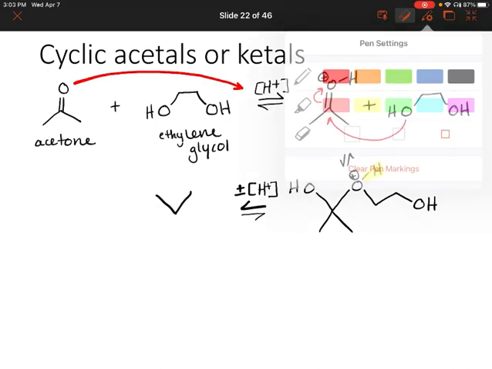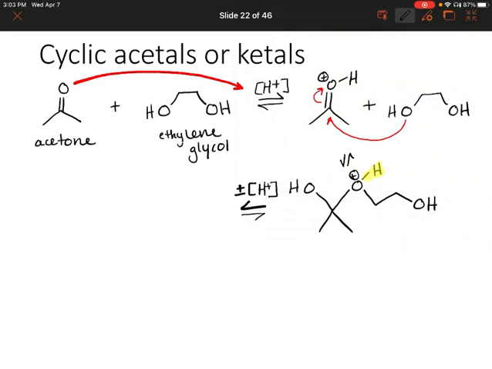Oh, I'm going to give myself more room since we have that bulky chain. Okay, so that hydrogen has moved over, and now we have a good leaving group.